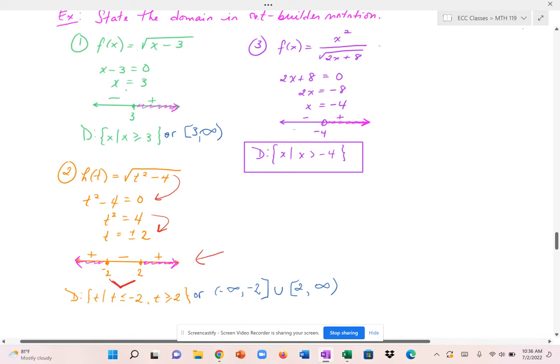And then you check. If I plug in negative 3 in here, you'll end up with the square root of 5. That's a real number. If I plug in 0, you'll get square root of negative 4. That's imaginary, that's 2i.